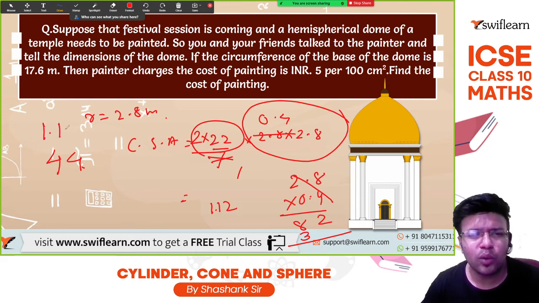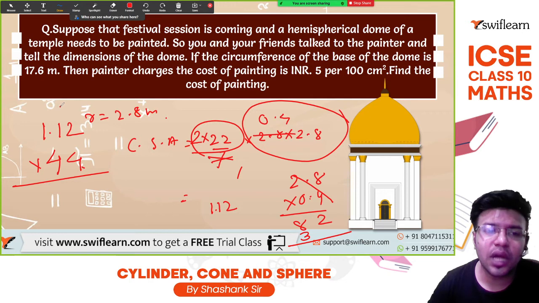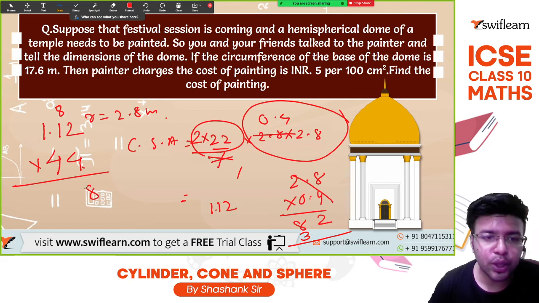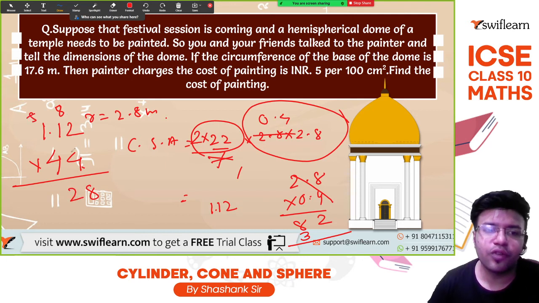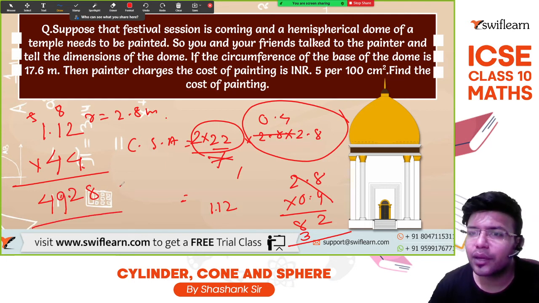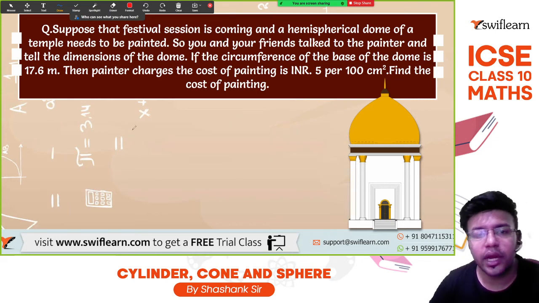So 1.12 meters into 44. 44 twos are 88, 44 ones are 44 plus 8 is 52. 44 ones are 44 plus 5 is 49, decimal after two numbers. So 49.28 meters square is the area.